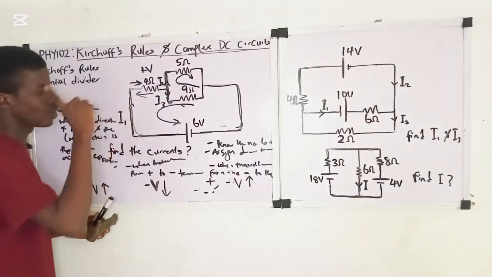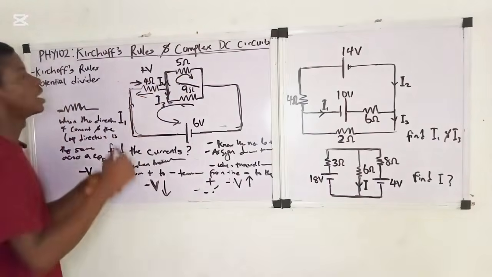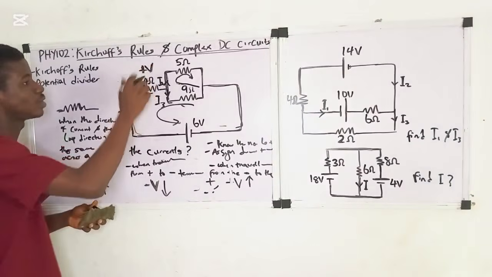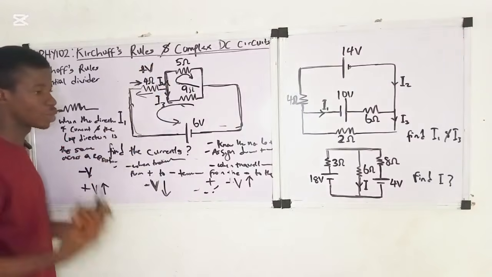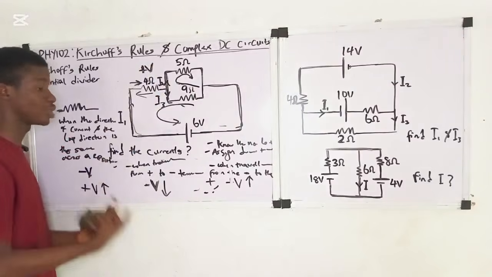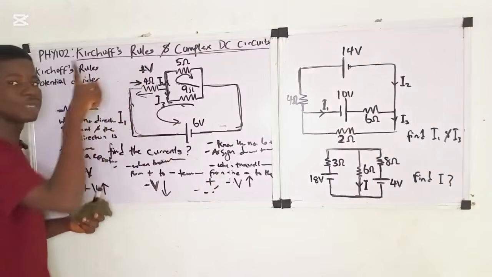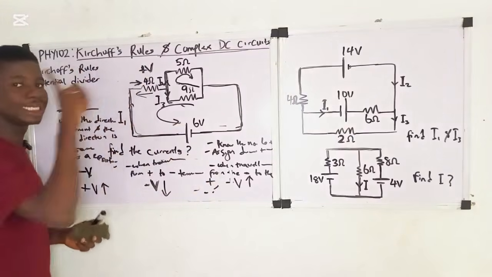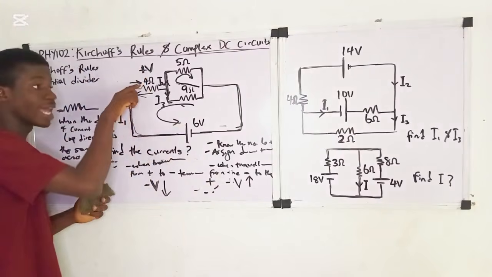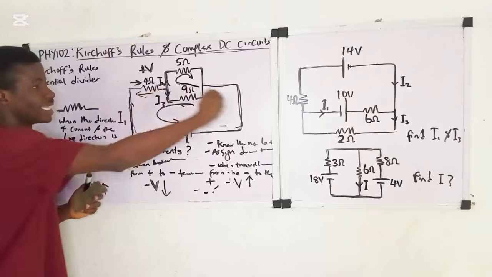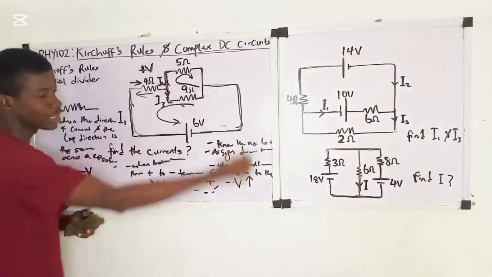So when the direction of the current and the direction of the loop are opposite, not the same, there's usually an increase in voltage across the resistor. Remember, current usually moves from higher to lower potential, right? Yes. Now, since the direction of the loop is opposite to the current, it means that we are moving from what?